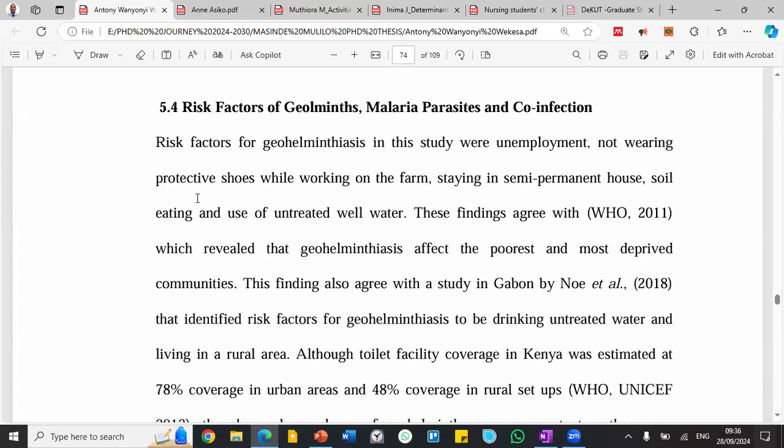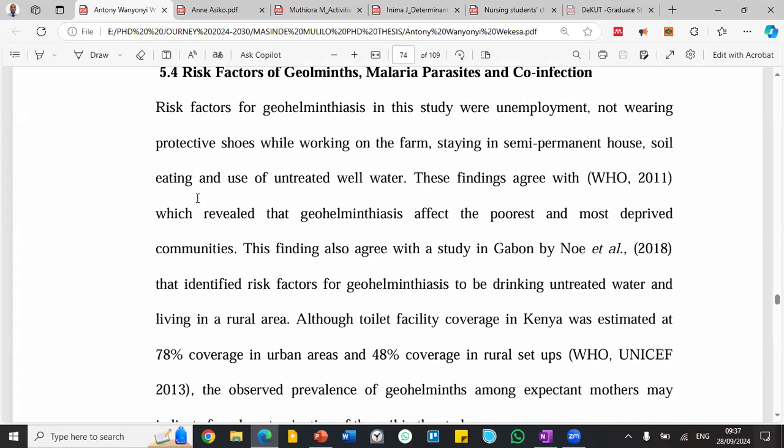These findings agree with a study by WHO which revealed that geohelminths affect the poorest and most deprived communities. So the author also continues to identify other findings that agree with the results.